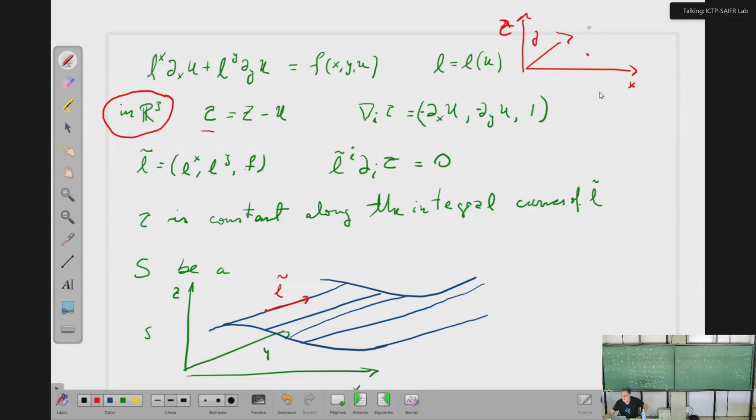Given a point here, we consider a solution, and this distance is tau. So if you take the gradient of tau, we get minus u_x, minus the derivative of u with respect to y, and 1. So now we have a problem in 3D, which is this one, and so this vector L twiddle and this problem, right? Here we can put f as 0, or we can put f, doesn't matter.